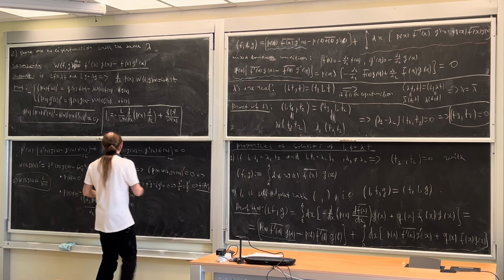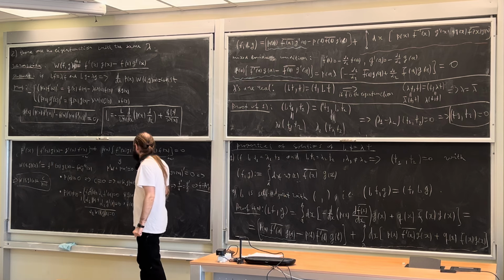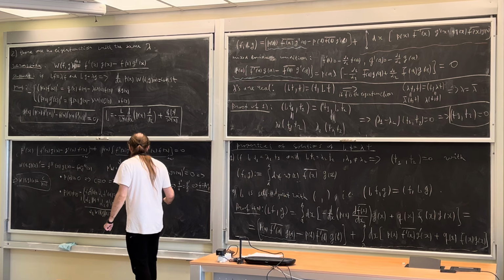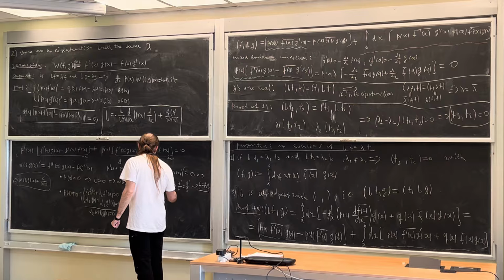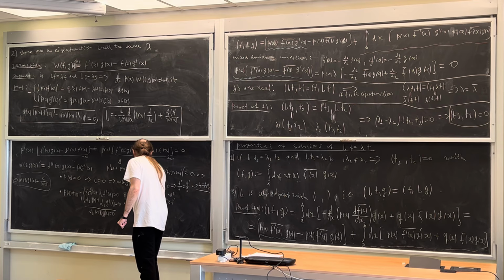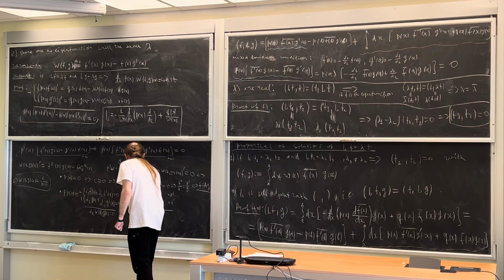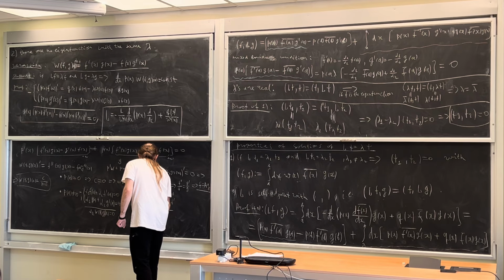In principle, we could multiply them by g prime and f prime, and in this case, this would be minus alpha 1 times the Wronskian of f and g at a is 0.